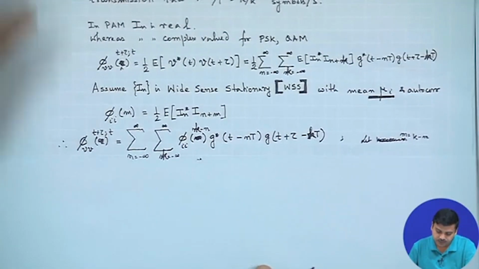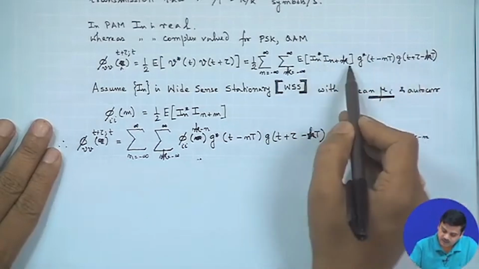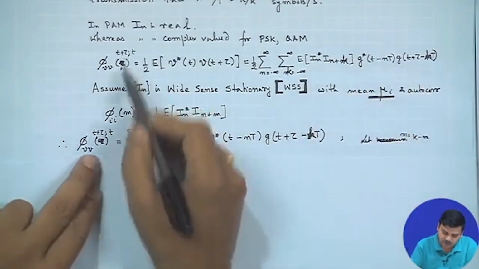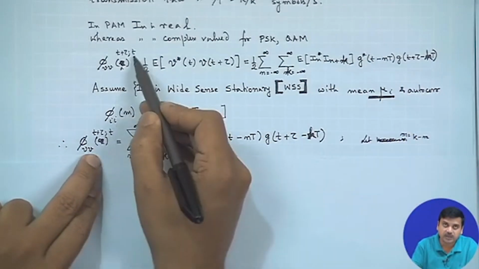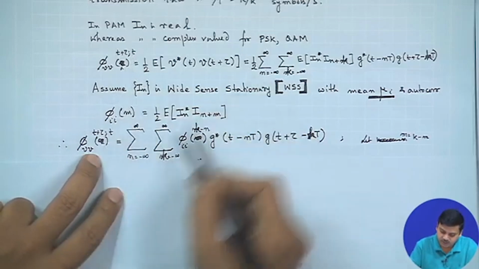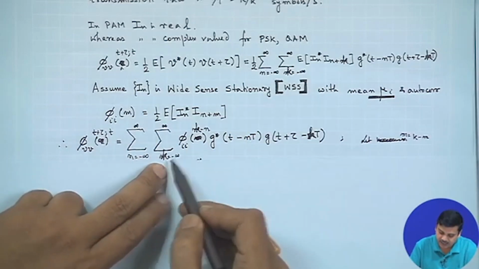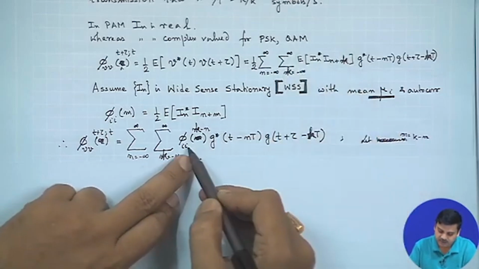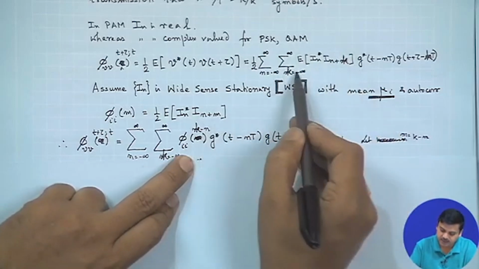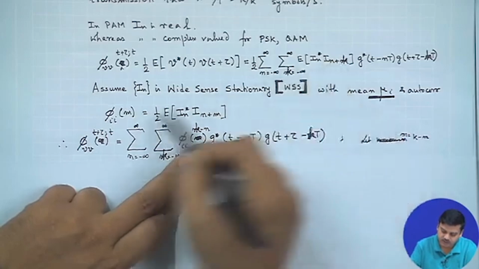Now, if you would expand this expression, we are going to get phi v v t plus tau t, that is the same expression here. We have n, we have k, and here we have simply replaced phi I I k minus n as per the relationships over here.